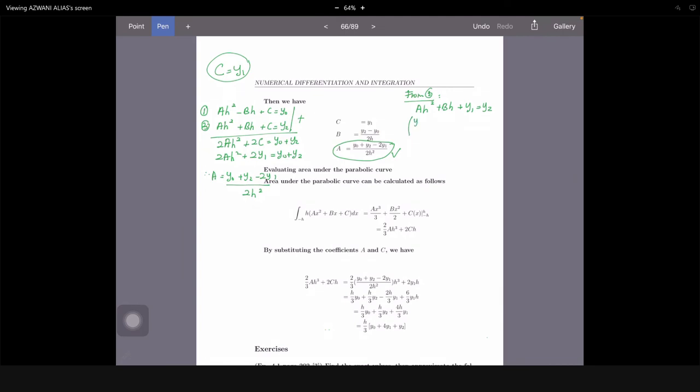So, masuk ni lah yang kita dapat. Rearrange je lah ni. Y0, Y2, 2Y1 over 2H kuasa 2. So, akan dapat. Boleh mudahkan tak ni?